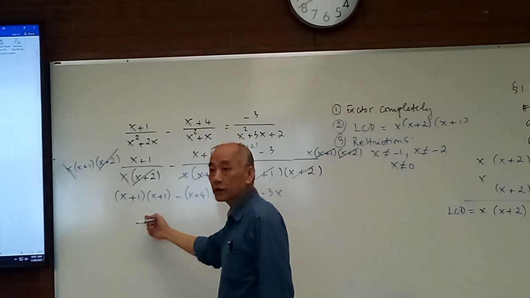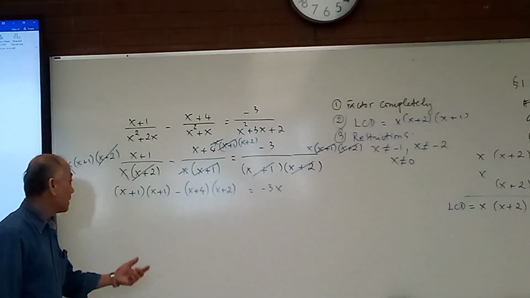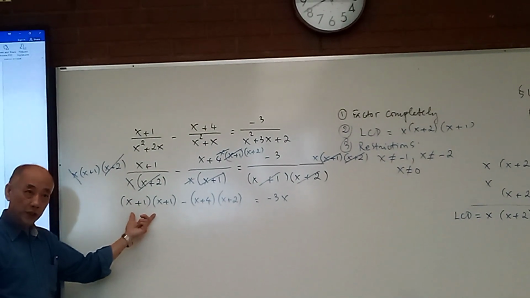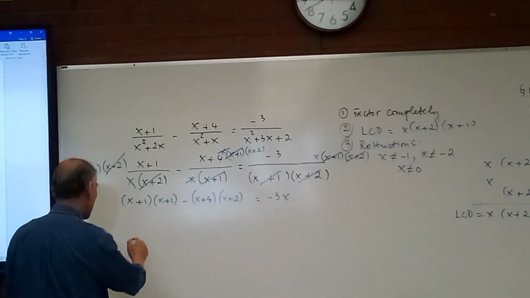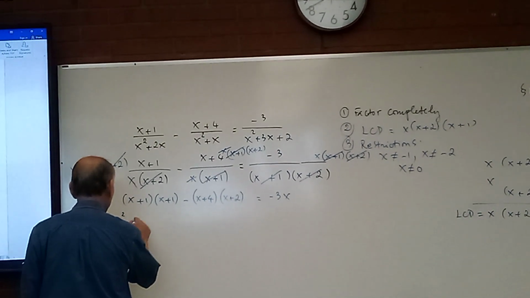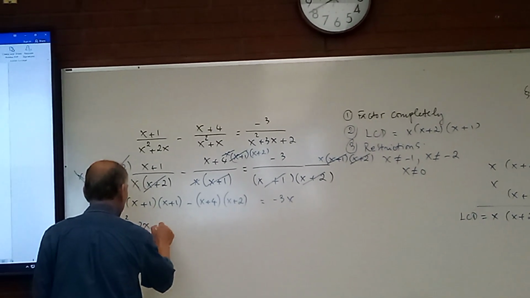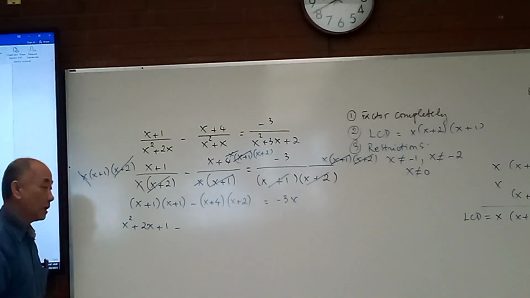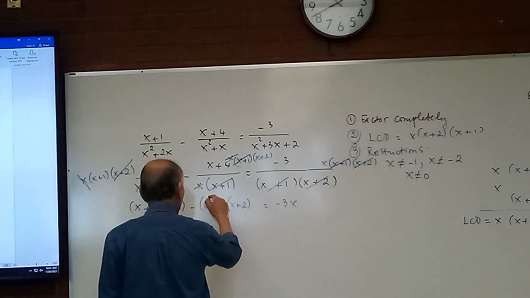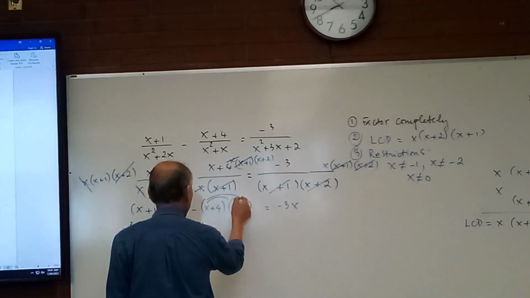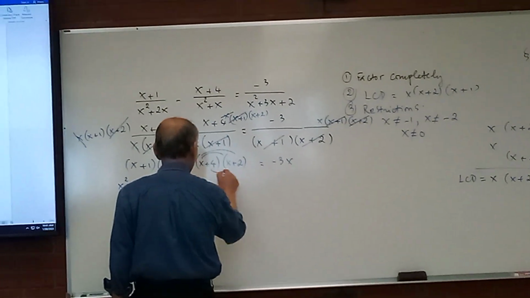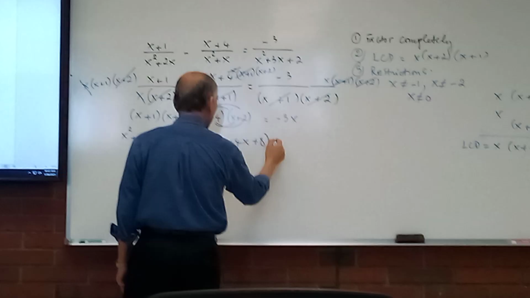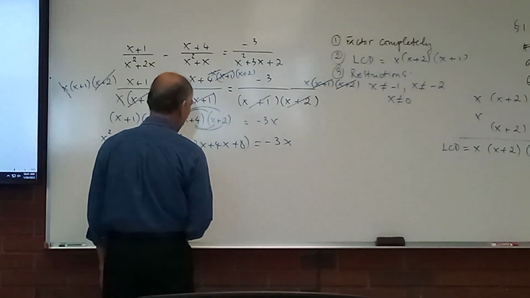And now this is the special product. x plus 1 times x plus 1 is x plus 1 squared, so you need to use the special product. x squared plus 2x plus 1, minus, now this one you have to use the distributive law. x squared plus 2x plus 4x plus 8 equal to negative 3x.